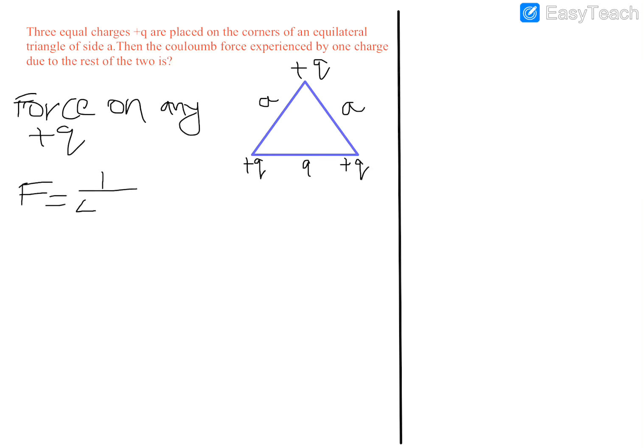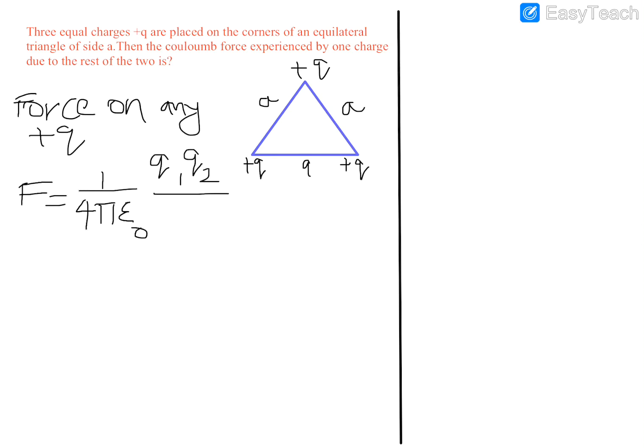F is equal to 1 by 4 pi epsilon 0, q1 q2 by r square. Here in the problem they are not mentioning anything, which means by default the charges are placed in air. Otherwise they will mention in which medium it is placed. Since they are not saying anything, the charges are placed in air, so instead of epsilon you can use epsilon 0.